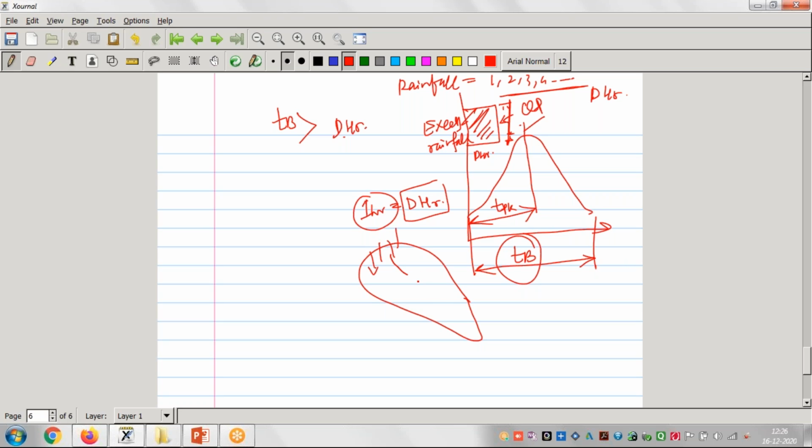After the rainfall, the water will come first into the small rivers and then into the main stream. After a certain period of time, it will come to the outlet, right? So the time required from the start to the end is TB, right?